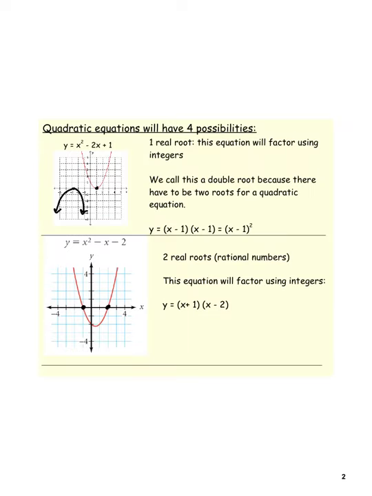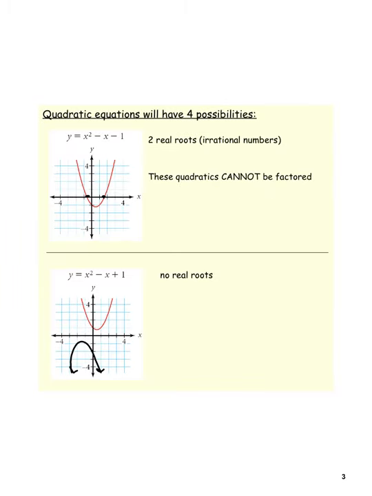Just as a reminder, the different scenarios that we could encounter: one real root, or one answer, would be when the discriminant is equal to 0. We've got a situation with two real solutions or two real roots, and in this case they could be factored because they both are rational, and that would be with the discriminant being positive.